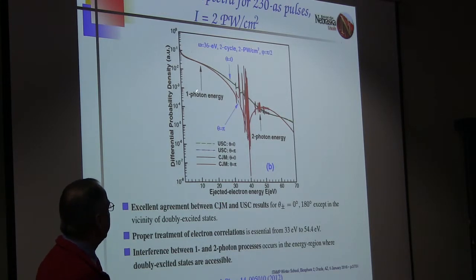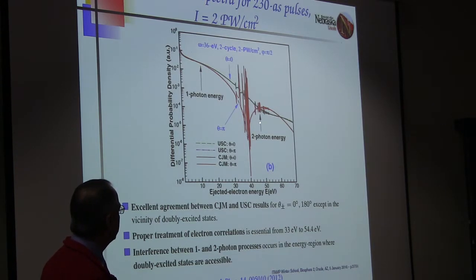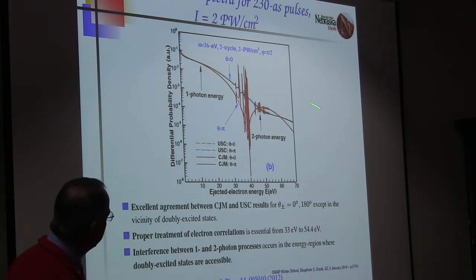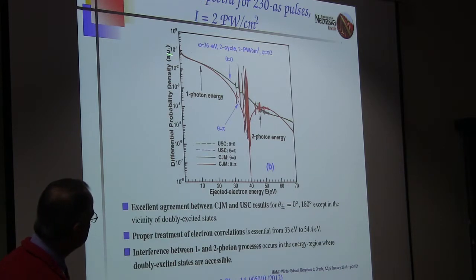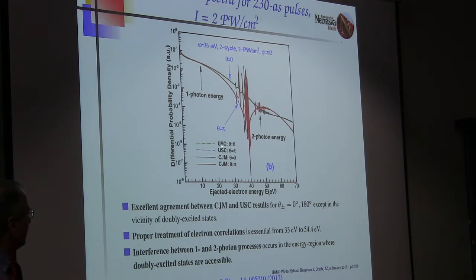If we had monochromatic pulses, this is where absorbing 1 photon would put the electrons, we would put them here. If you absorb 2 photons, it would put them here. Because of the broad bandwidth, we get a spectrum that spans this space. And our projection onto uncorrelated functions is in excellent agreement with our projection onto correlated functions everywhere except in this region, between about 33 and 55 eV.